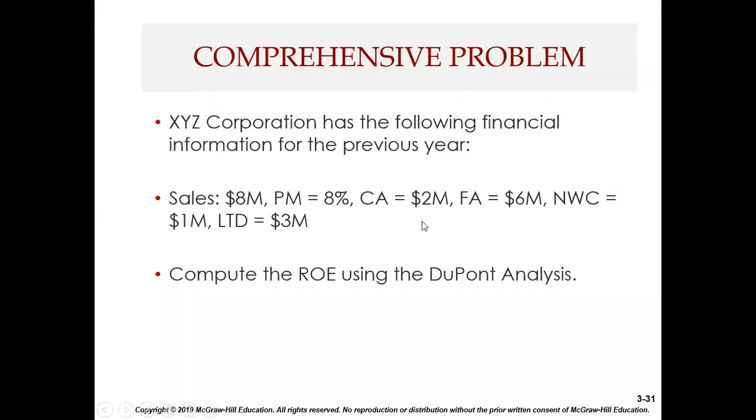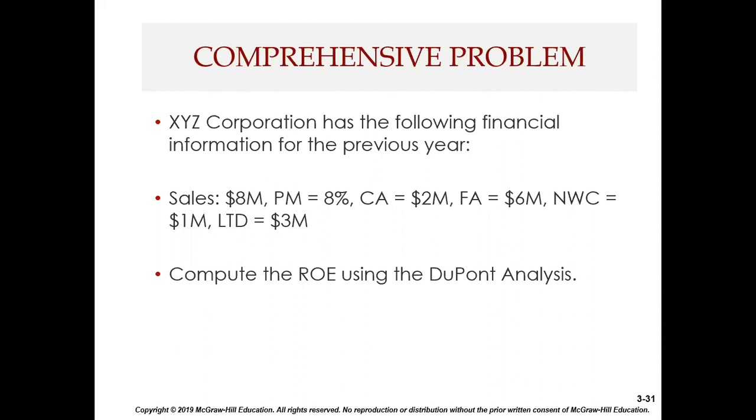Okay, so if you go to your DuPont analysis, and this was on the identity, on page 70, if you know the profit margin is 0.08, it looks like we have to calculate total asset turnover, and we will have to calculate the equity multiplier.